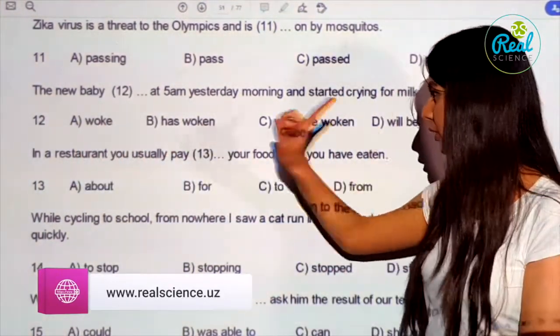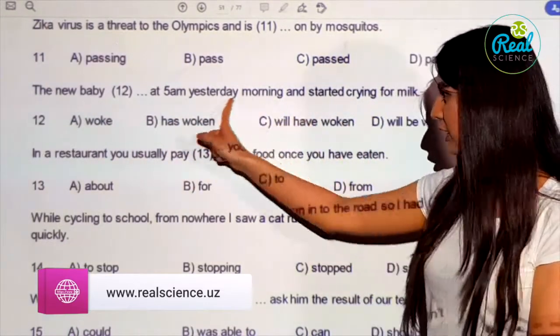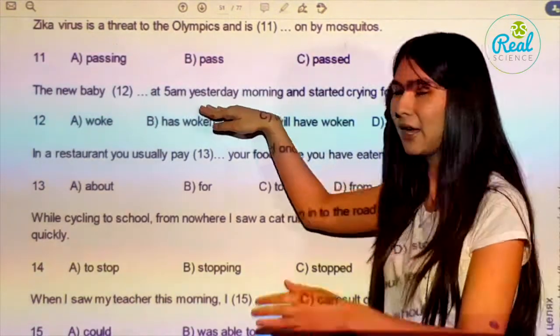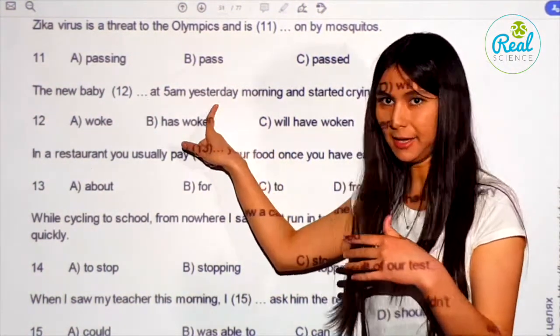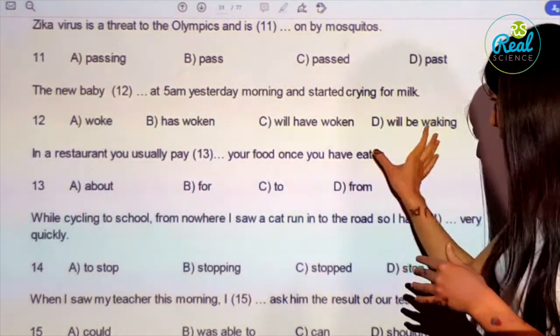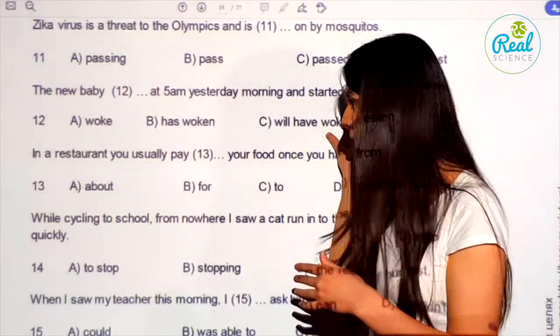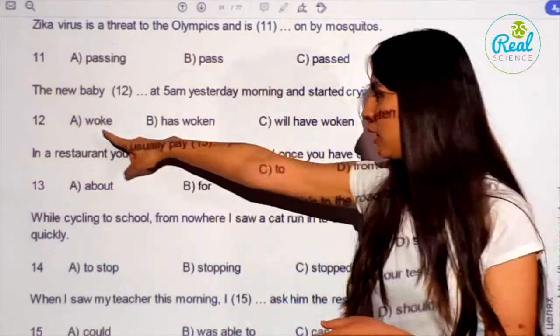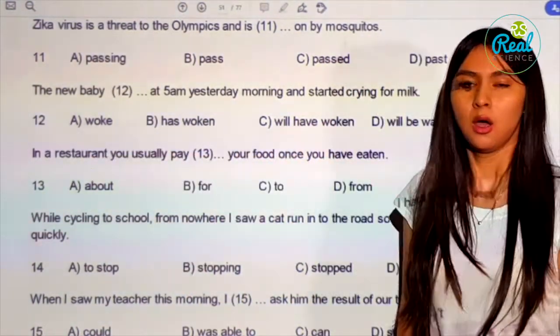Why can't we put "has woken"? Because it is not given in the present perfect simple form, because we have an exact time expression here, yesterday. And we cannot put "will have woken" or "will be waking" because it's future. So that's why the best option is A1.